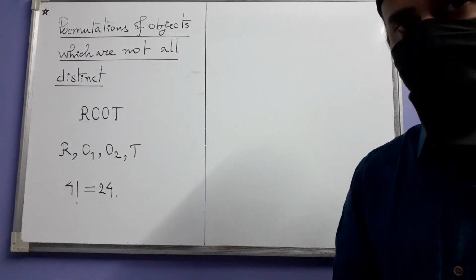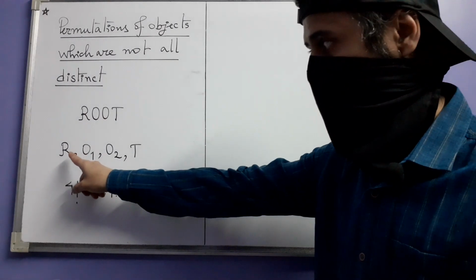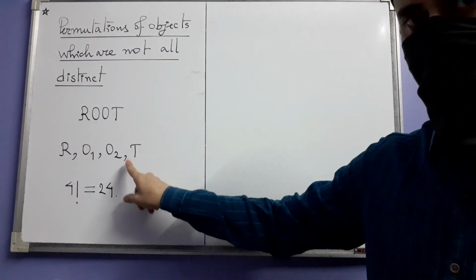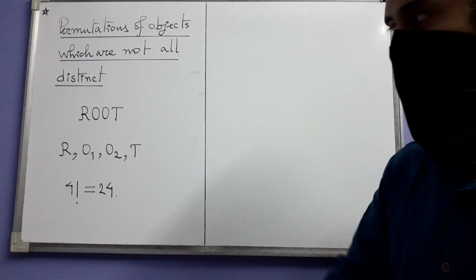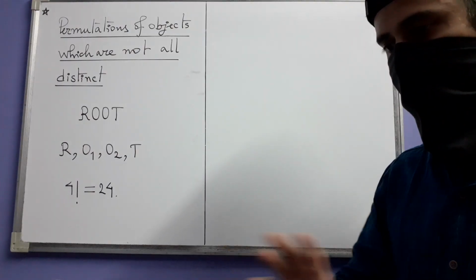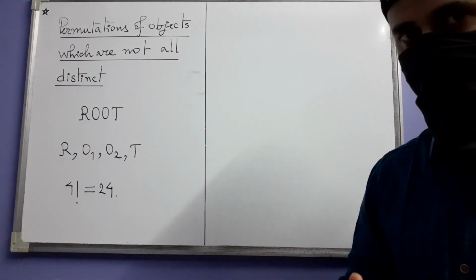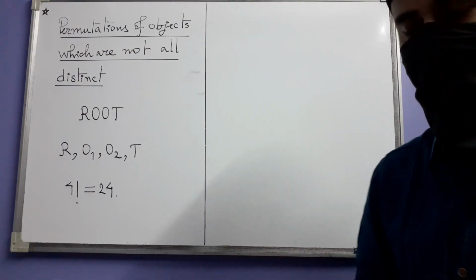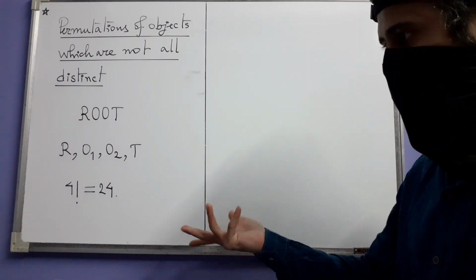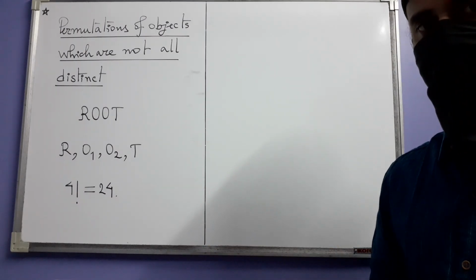But that is not the answer. Had there really been 4 distinct objects, the number would have been 24. But these two O's are not really distinct. They are the same, they are identical. So then what shall we do from here?